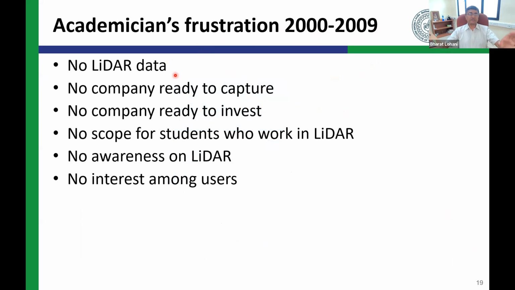I was frustrated because there was no LiDAR data in India, and getting LiDAR data in India was very, very difficult. As we will see in my future slides, LiDAR data in those times was considered to be highly classified. You could not capture it, you could not share it, you could not pass it on to your student. So it was a lot of frustration at that time.